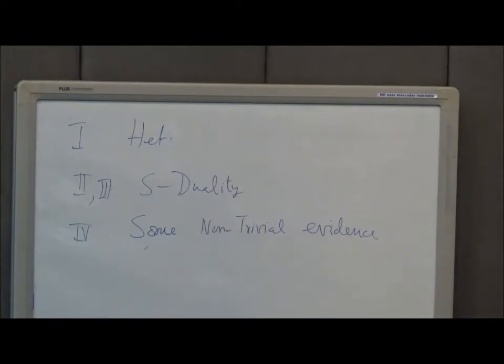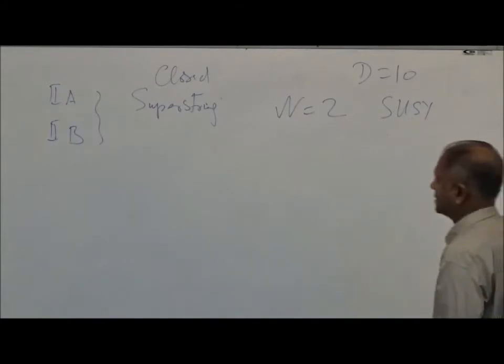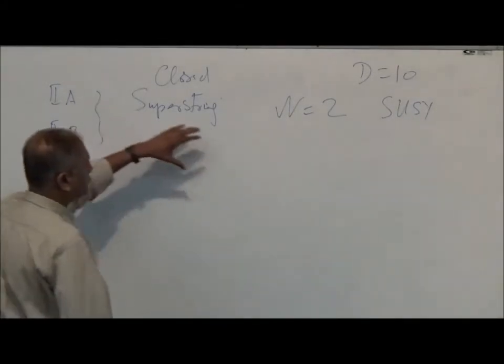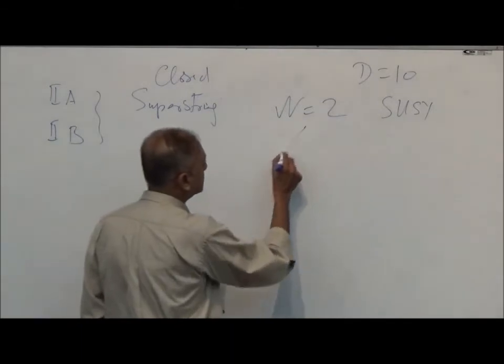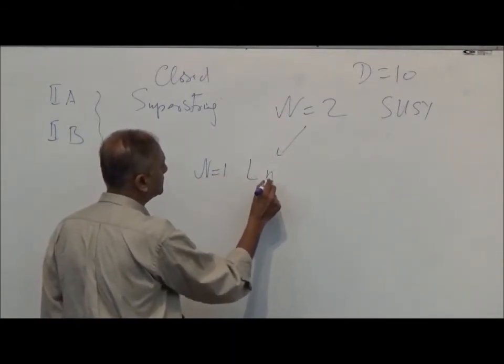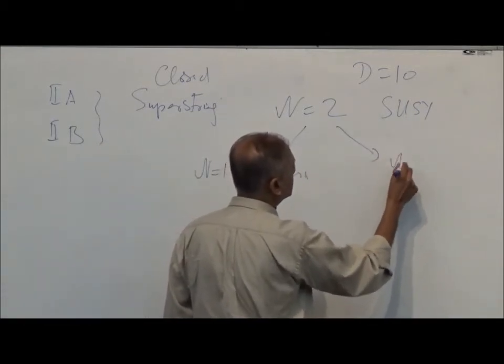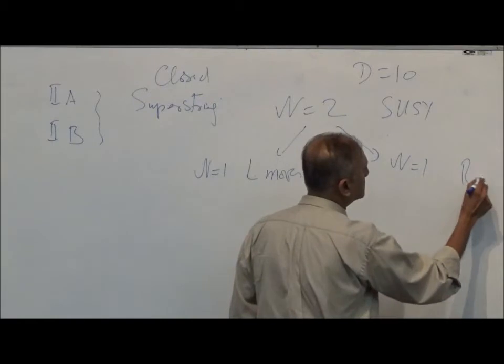All right, so let me go back to the heterotic discussion. As we said, we have n equal to 2. And this basically comes from n equal to 1 from left movers, and there is another n equal to 1 from right movers.